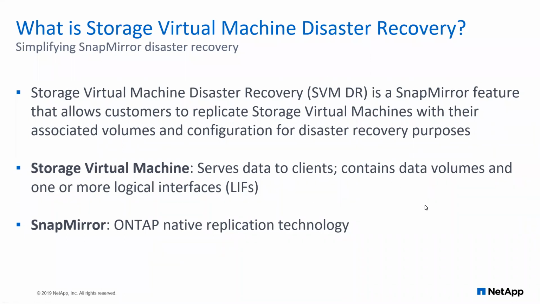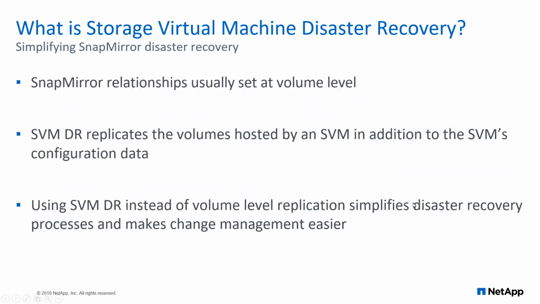I kind of hinted at this already, but the reason why SVMDR is really useful is that SnapMirror relationships are typically set at the volume level. SVMDR replicates volumes hosted by an SVM in addition to the SVM's configuration data. So, why is that useful?